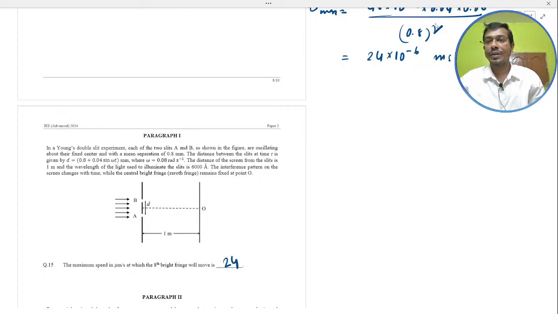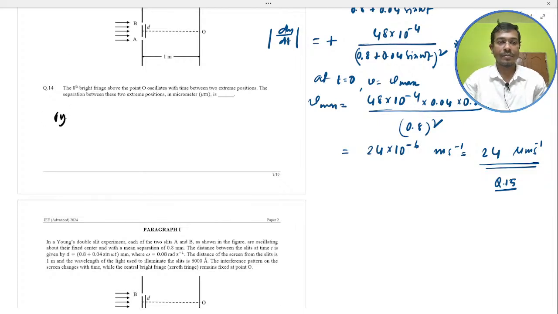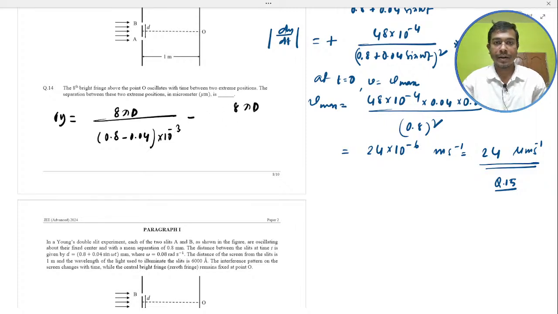Next, in the black pen, that question number 14, the position. Simple. The delta y is 8 lambda D divided by 0.8 minus 0.04 into 10 to the power minus 3, minus 8 lambda D divided by 0.8 plus 0.04 into 10 to the power minus 3.